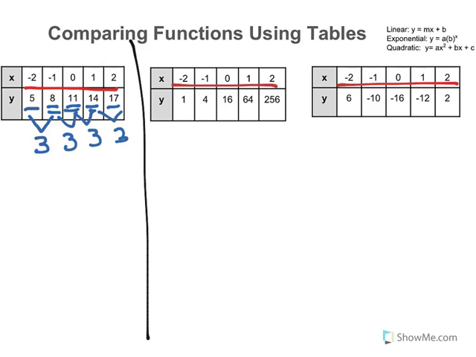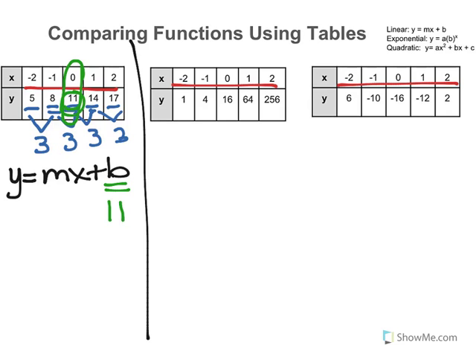I also know that the equation given for linears is slope-intercept form, y equals mx plus b. My b value represents my y-intercept, or where this line crosses the y-axis, and that's where x is 0. So I'm looking right here, and I see that my y-intercept is 11.